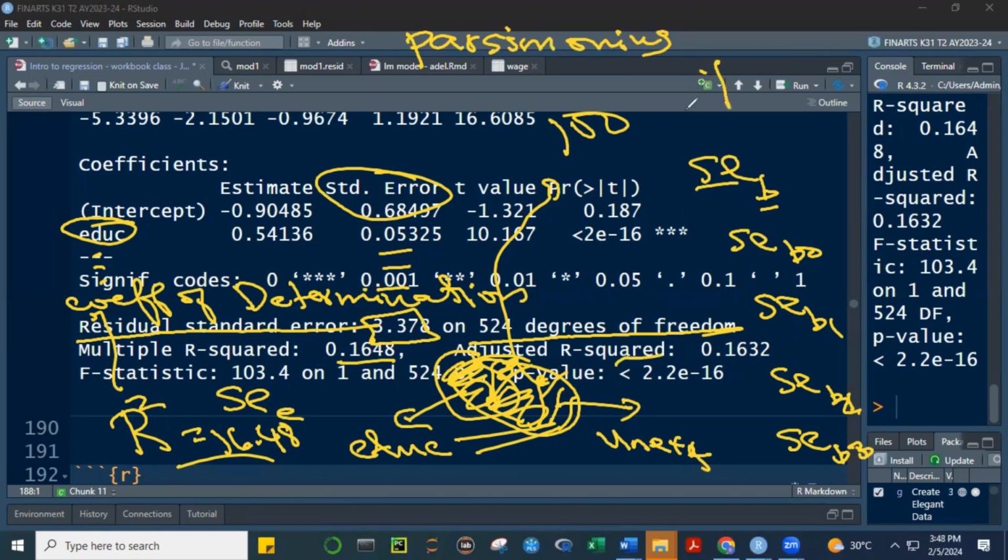Ito yung adjusted R squared. Okay, ano yung adjusted R squared? Adjusted R squared is always less than your R squared. Okay. What happens, class? What happens?